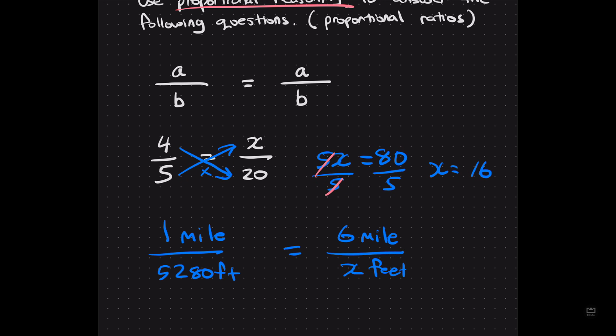So basically I'm setting up an equivalent fraction that says 6 miles is how many feet. And now I have a very similar setup to what we had right here, and all I'm going to do is cross multiply.